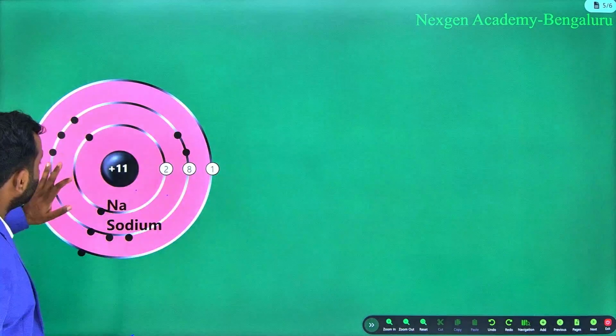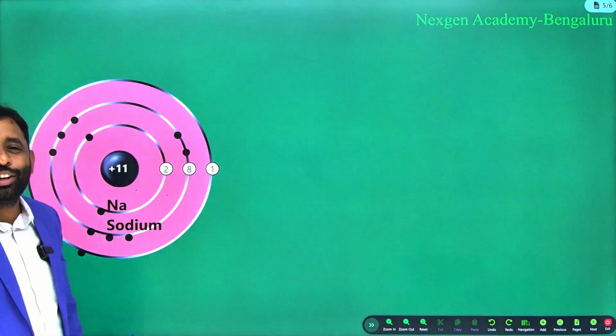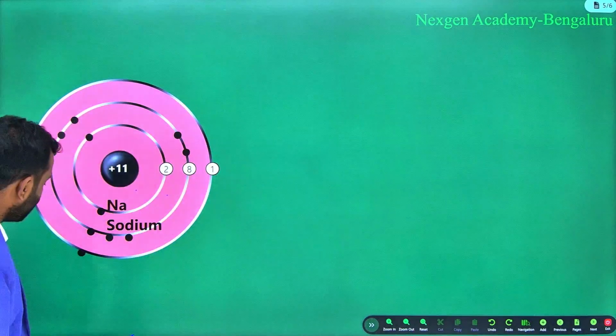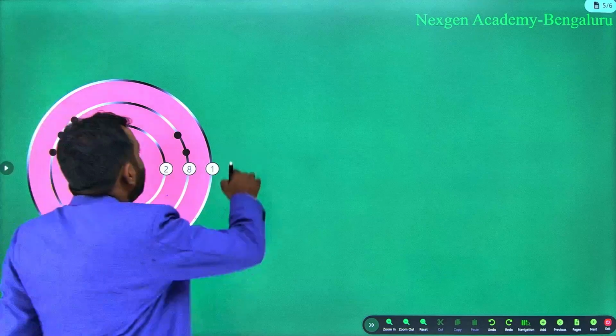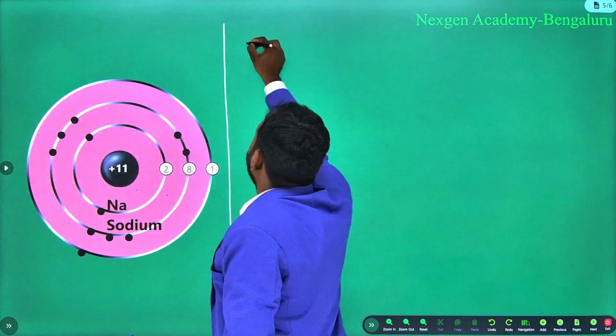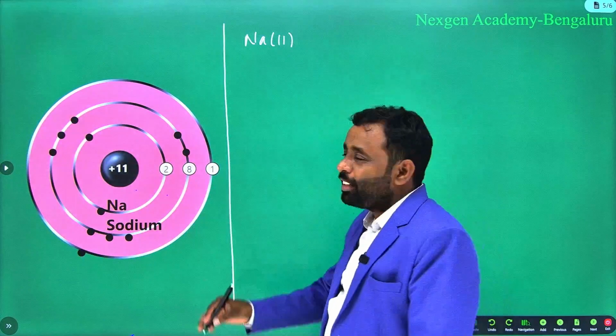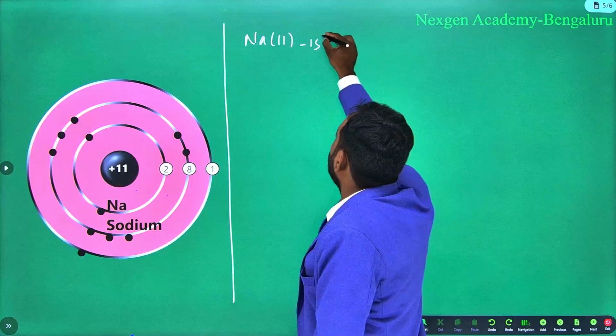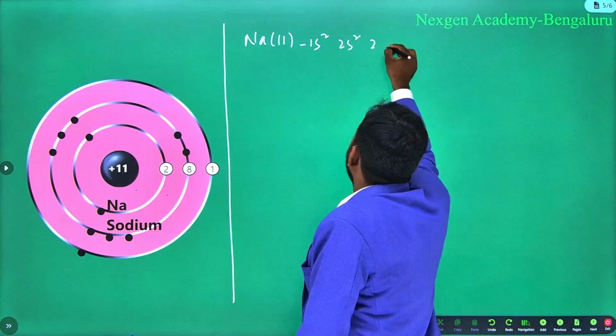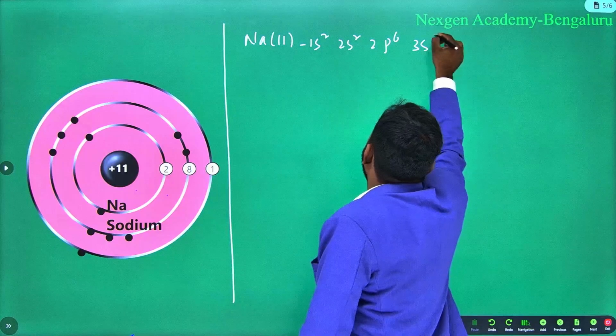See, another excellent model. What is that? Sodium. What is sodium's electronic configuration? First write it down. Sodium atomic number 11. Write down the electronic configuration: 1s2, 2s2, 2p6 and 3s1.